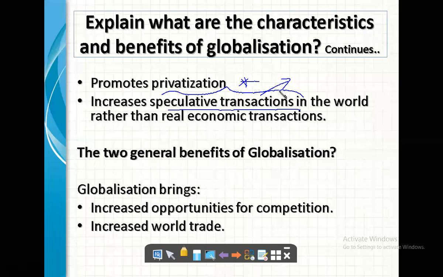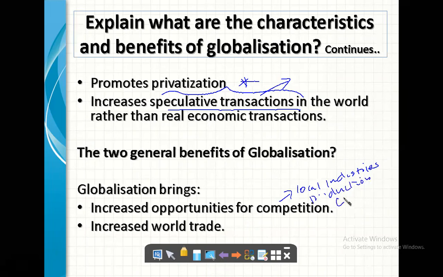So from all that we have learned from your balance of payment and from your exchange rate, these all contribute to increase in world trade. And increased opportunities for competition, our local industries are going to compete with international industries in the same production of the same product.